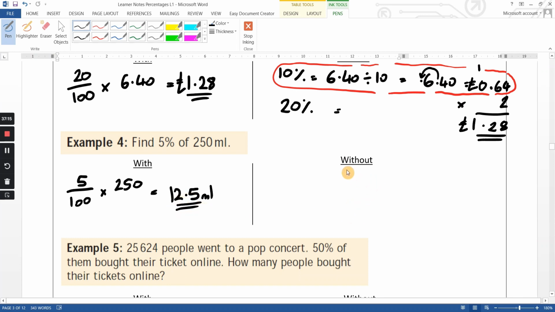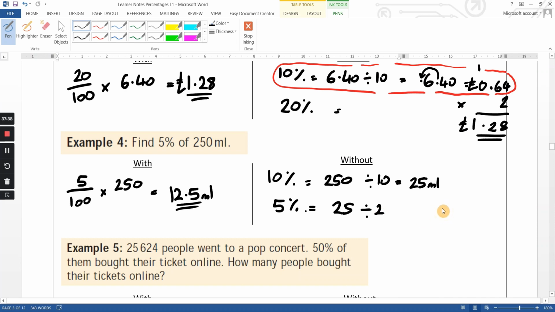Without the calculator, again, I'm going to do 10%. So 10% is 250 divided by 10. You just make the decimal point jump backwards. You'll get 25 mils. So 5% would be half of that, which is 25 divided by 2. Should be the same, 12.5.